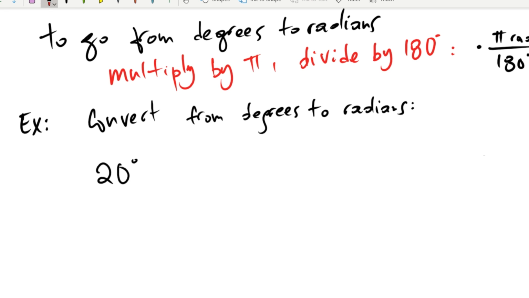So we take pi, divide by 180, and then multiply by 20. And that gives us, if we cancel, pi over 9.